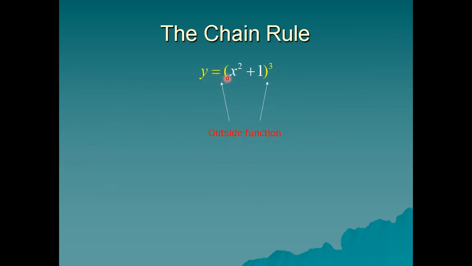The y is equal to the parenthesis and then the cube. As we derive that, we need to take note and follow the rules of differentiation. And this is our inside function again.